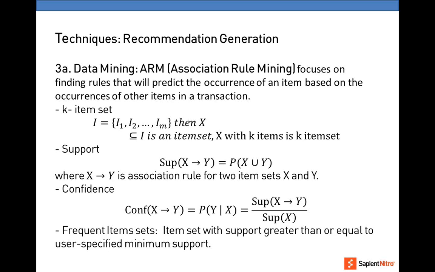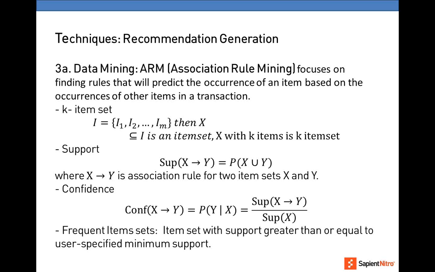Support is the probability of a transaction occurring. Let us assume here X is bread and Y is butter, to be very simple. What is the probability that when a user buys bread, he also buys butter? This is called support: the probability of both items occurring together, or seeing both items together in a transaction.